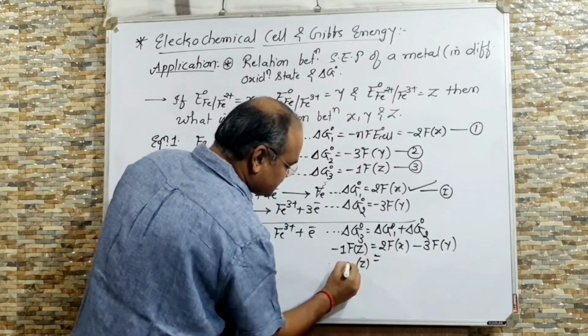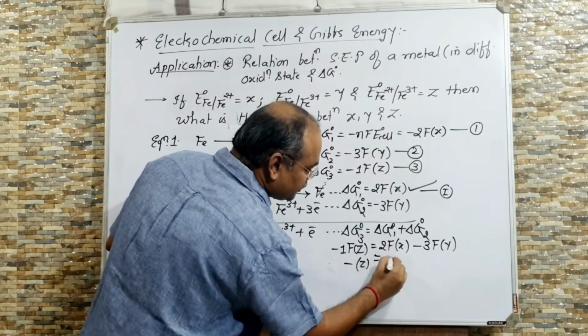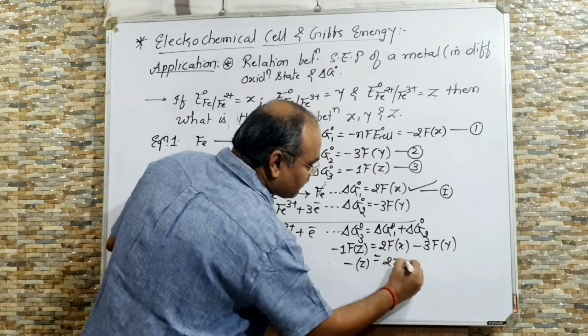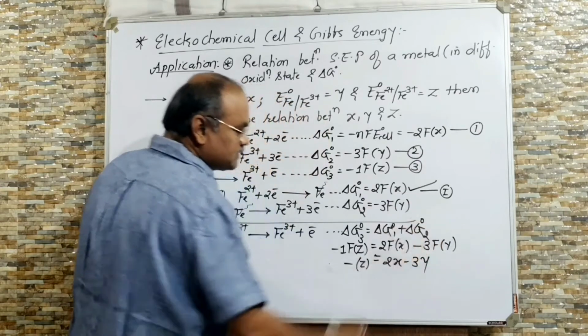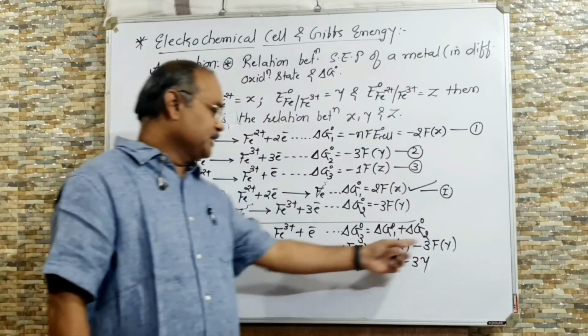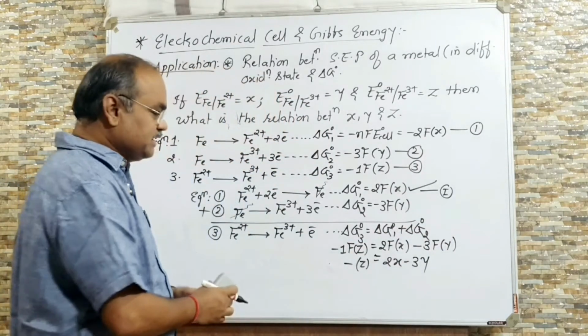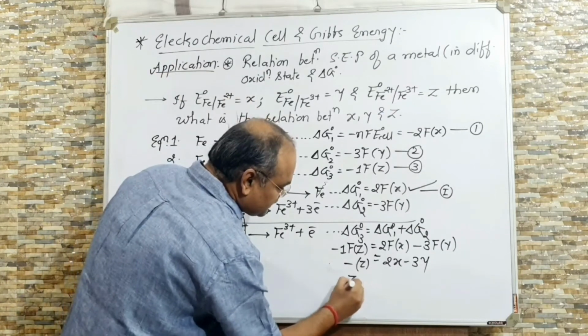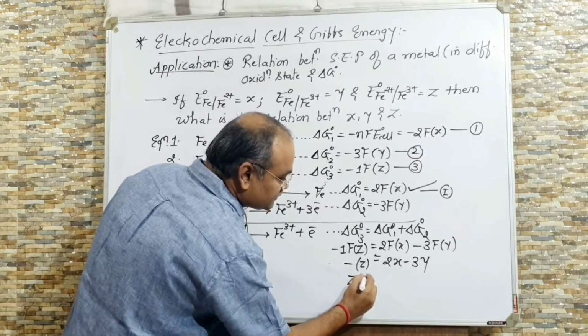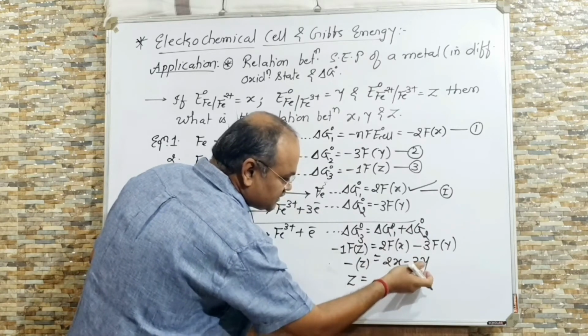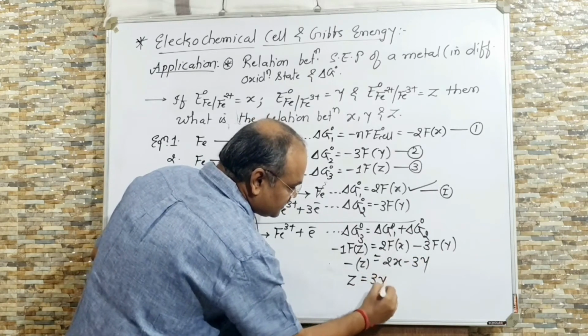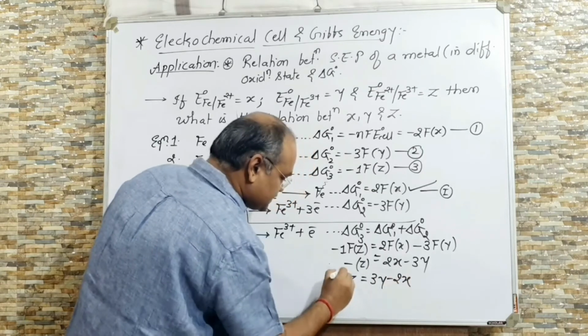So minus z is equal to 2x minus 3y, because we have taken out F common. So what is the relation now? Z will be equal to, if I take it on this side it will be plus, this will be 3y minus 2x. This is the relation.